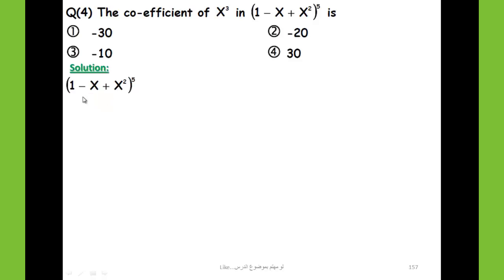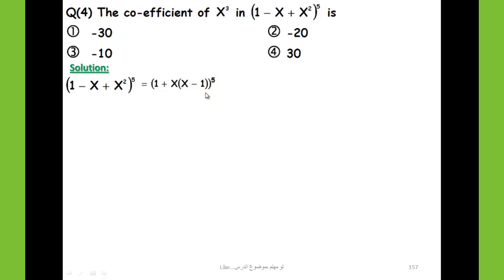So (1 minus x plus x squared) all power 5 equals (1 plus x multiplied by (x minus 1)) all power 5.